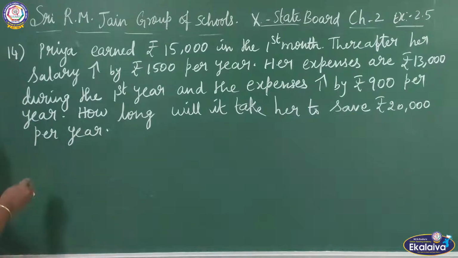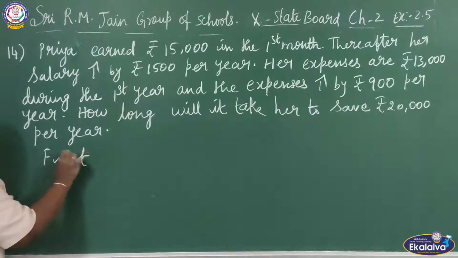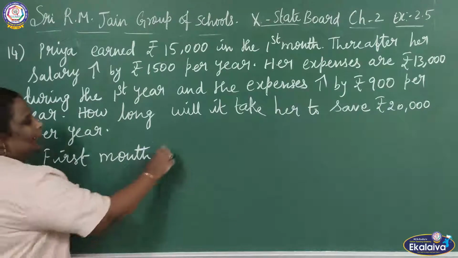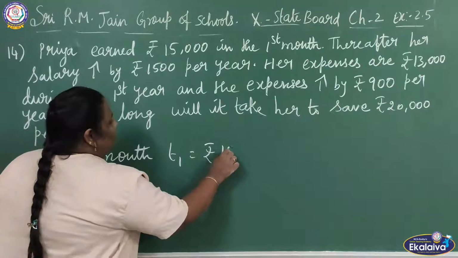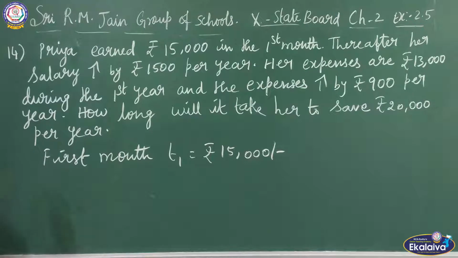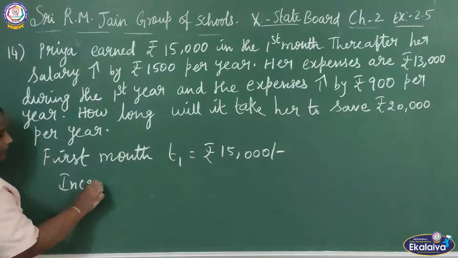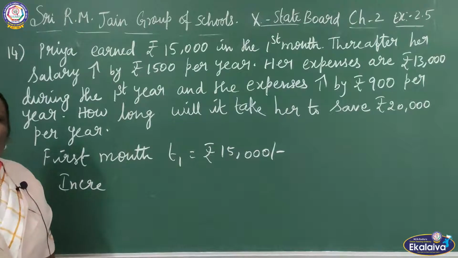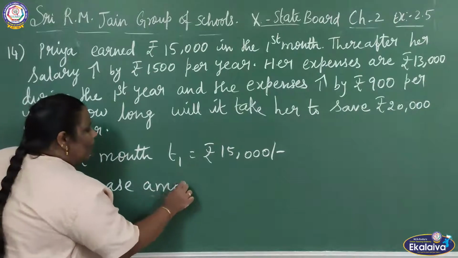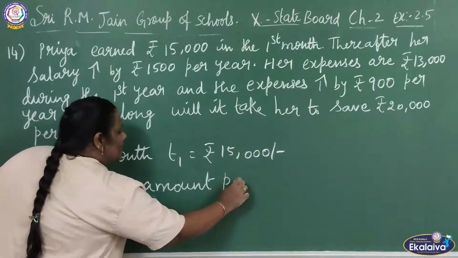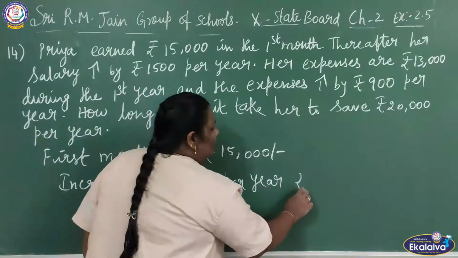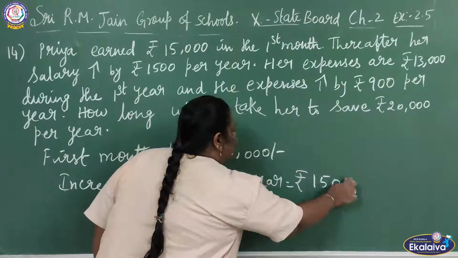See here, you should write everything first. First month salary. What is the first month salary? You can write it as T1 equal to rupees 15,000. Increase amount per year is rupees 1,500.